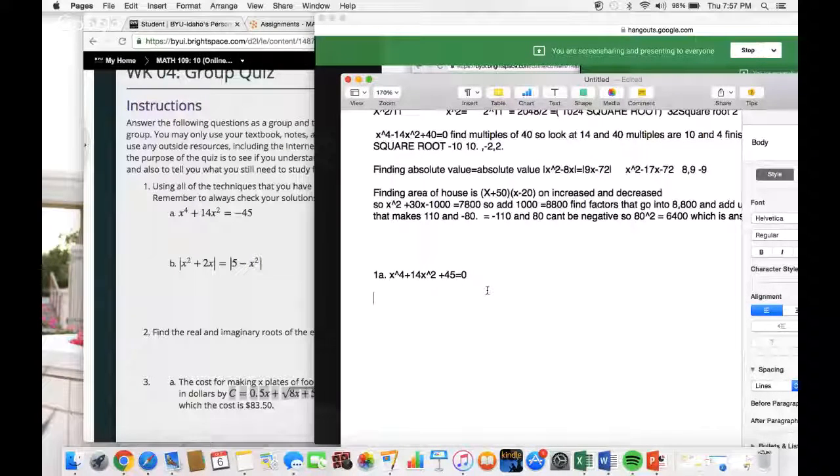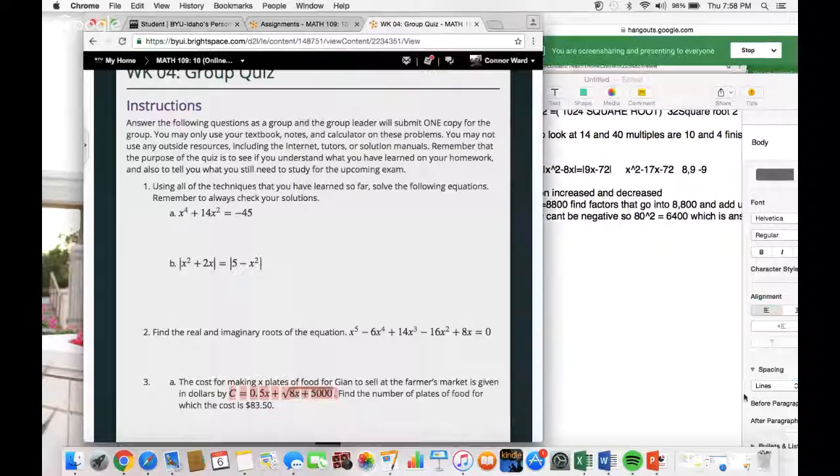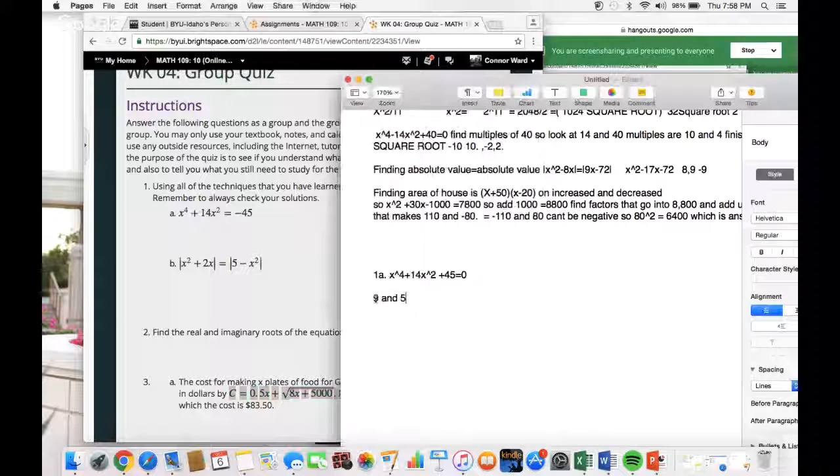So take 9, 5. And then there was an exact question on the homework that made you do this. You had to get all the solutions, so you have to do the square root of each. So I got 3, -3, and the square root of 5.